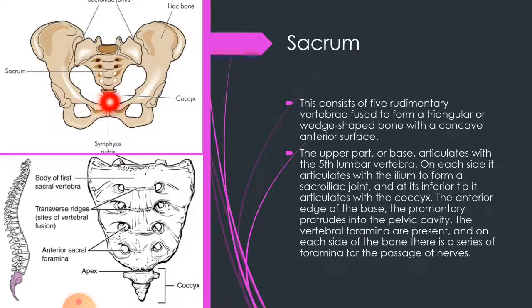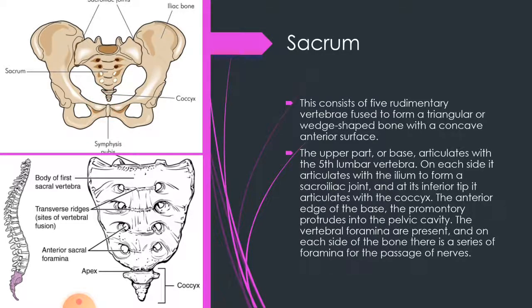At its inferior tip, it forms a joint with the coccyx. So it is basically forming 3 joints. It is forming a joint with the 5th lumbar vertebra at its base, and at its side it is forming a joint with the iliac bone, which is a part of your hip bone, and it is forming the sacroiliac joint. At its end, it is forming a joint with the coccyx.